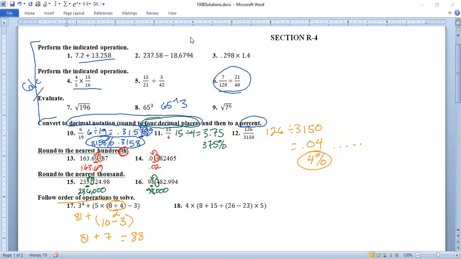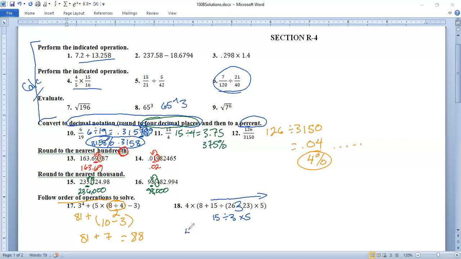Good. And then the last one, 18. So in here, 26 minus 23, that is the number 3. And then multiplication and division go left to right. So this is 15. Let's write this down. 15 divided by 3 times 5. We do not do this multiplication first. 15 divided by 3 is 5, times 5 is 25.